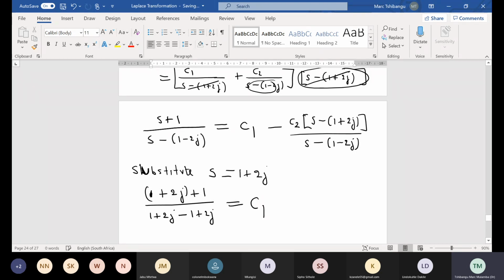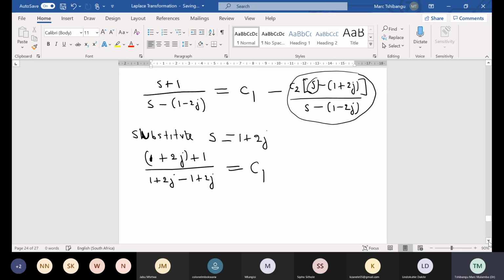Why? Because when you sub 1 plus 2j here, you're going to end up with 1 plus 2j minus 1 plus 2j. So this term will be equal to 0. So C2 will disappear. I'm just skipping some steps because I know that you are. We continue with C1, which is equal now to 2 plus 2j.